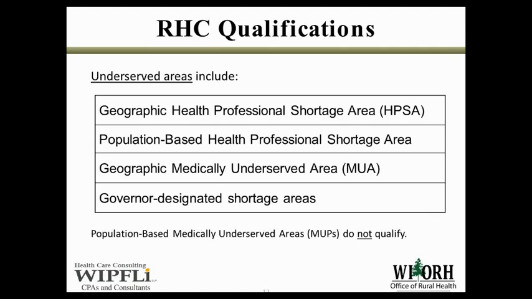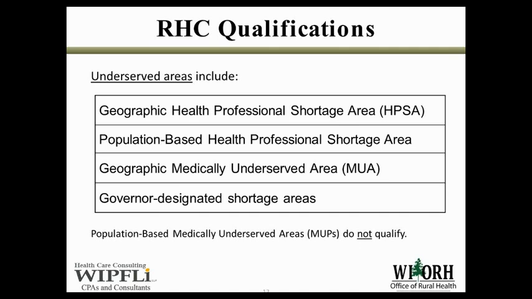The first three designations that we've listed here on page 12 are federally designated shortage areas, considered either health professional shortage or medically underserved areas. And those are two different federal distinctions that could apply for rural health clinic status.